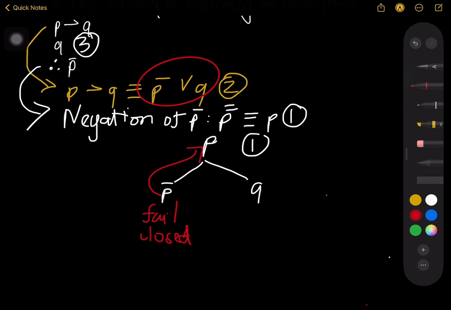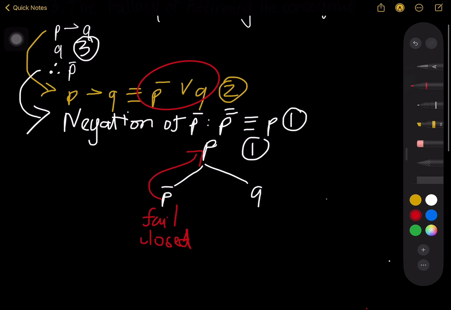Now let's consider the second premise. I'm going to stack them up: Q. I'm going to label it second and third. Is there any contradiction in this branch?